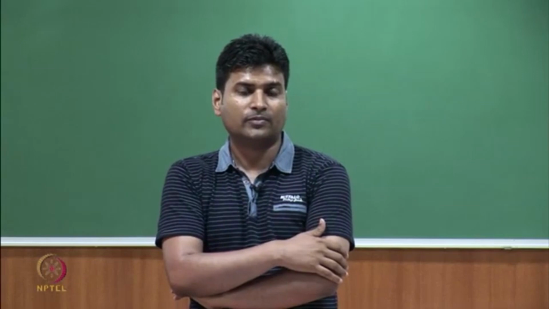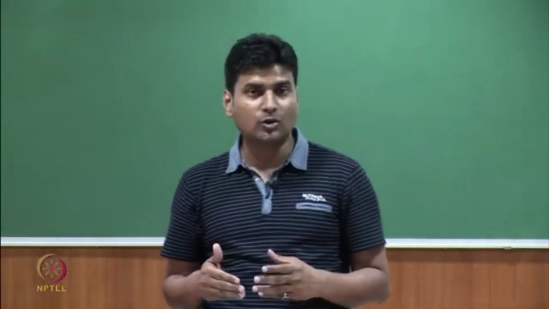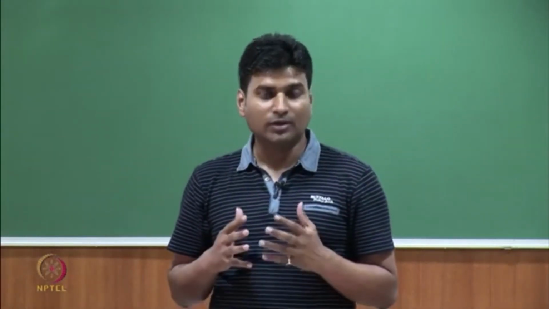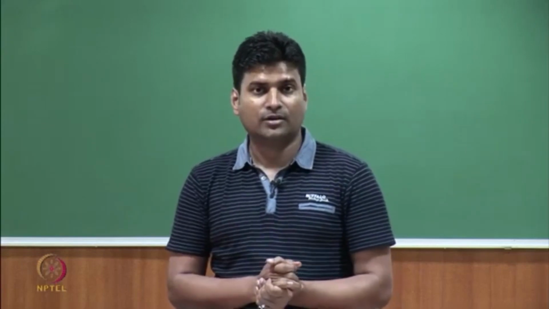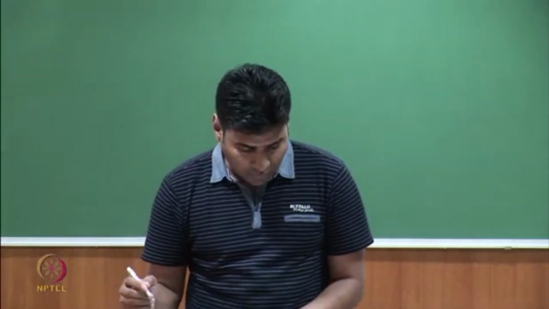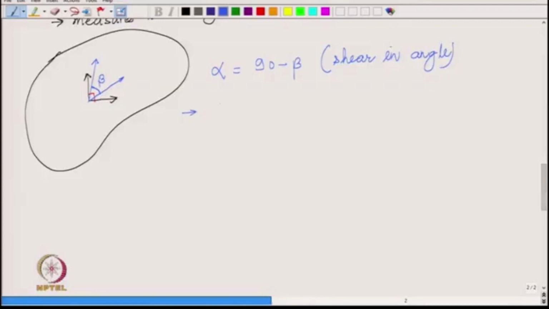All right. So, we have to find out also the formula for the shear strain. Let us try to work that out. I will just write here, it also distorts the body.